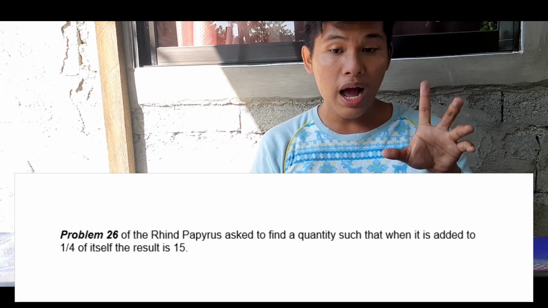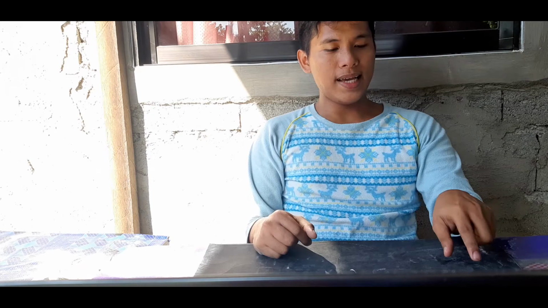If we recheck this using the equation in modern day, the equation would look like this: x plus 1/4 times x is equal to 15. If you elaborate this one, it would look like this: 1/4 times x is equal to 1/4 x. So x plus 1/4 x is equal to 15.